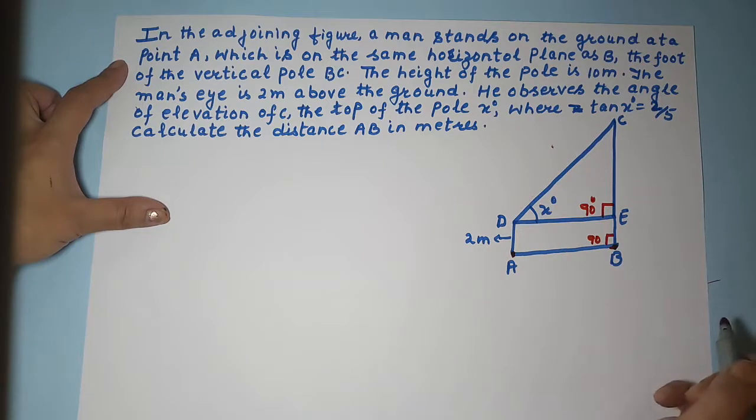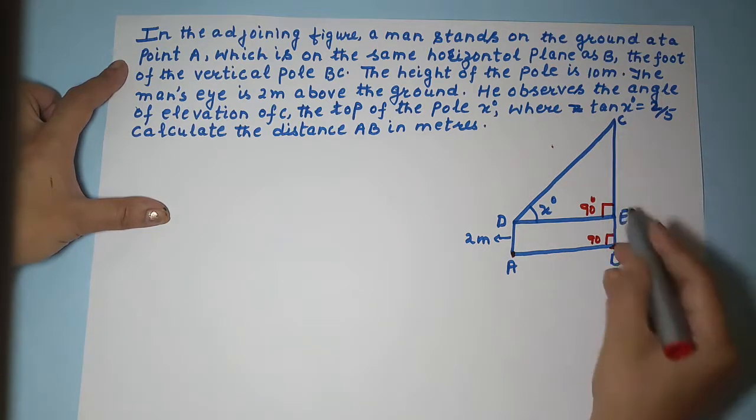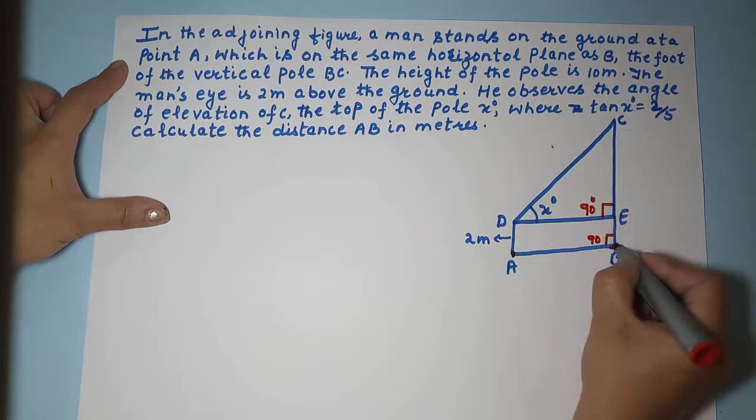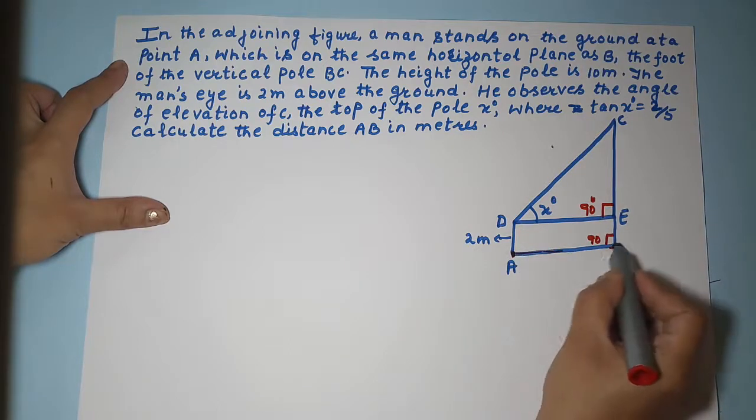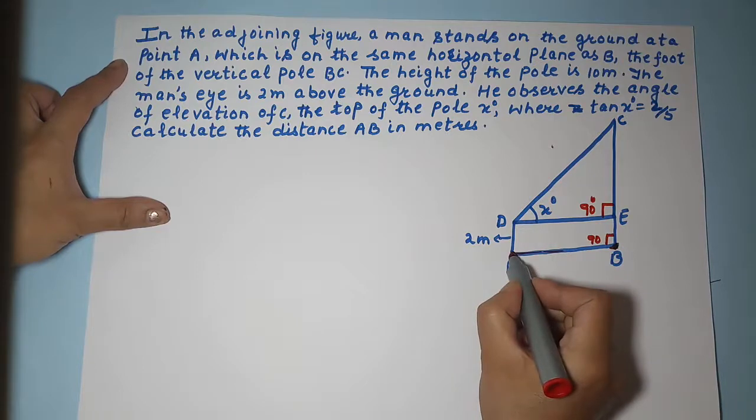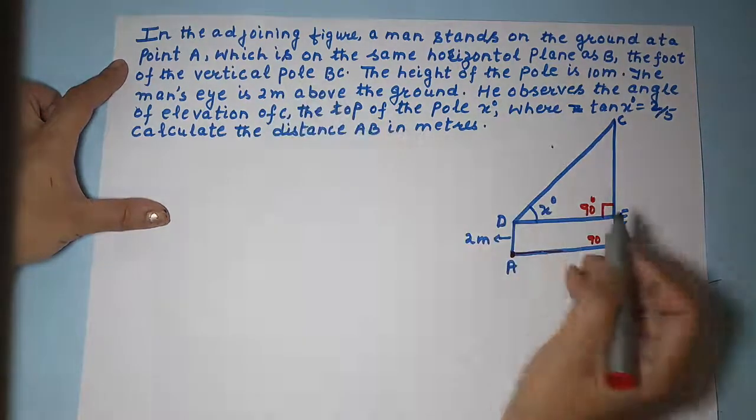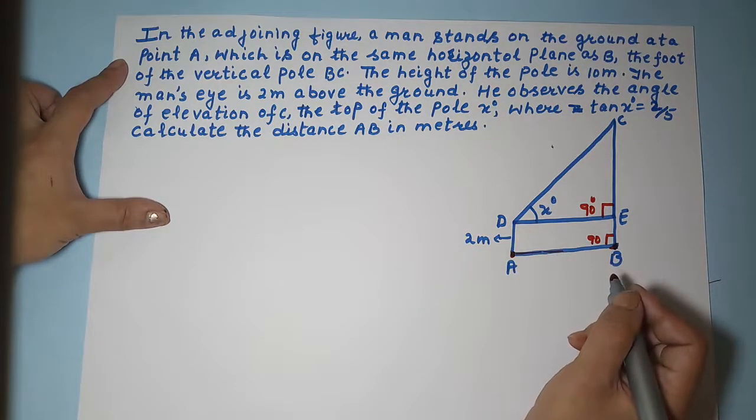B is the foot of the vertical pole BC. The height of the pole is 10 meters.